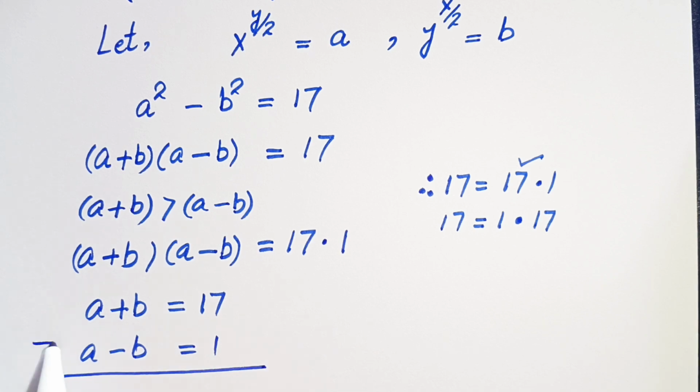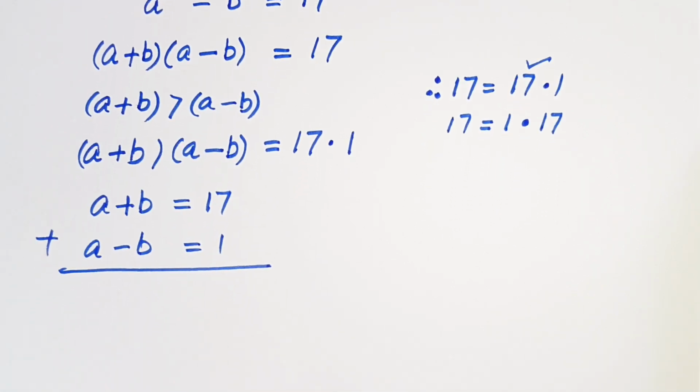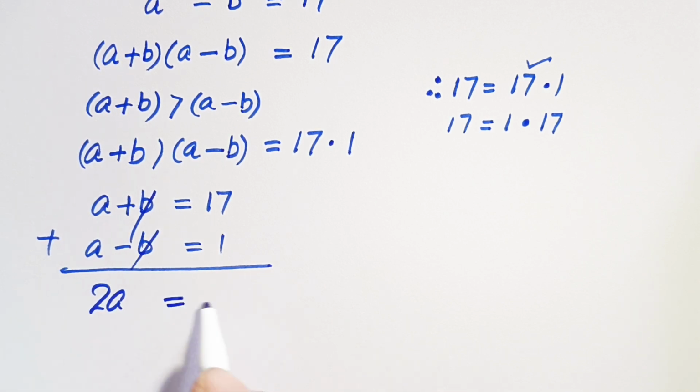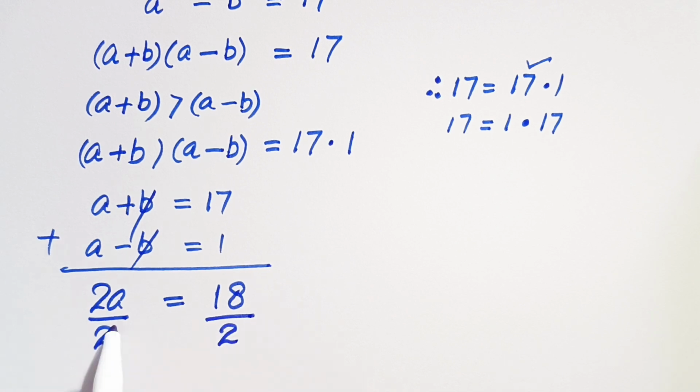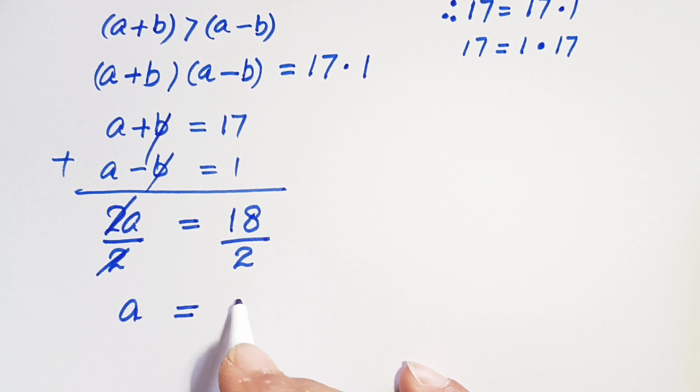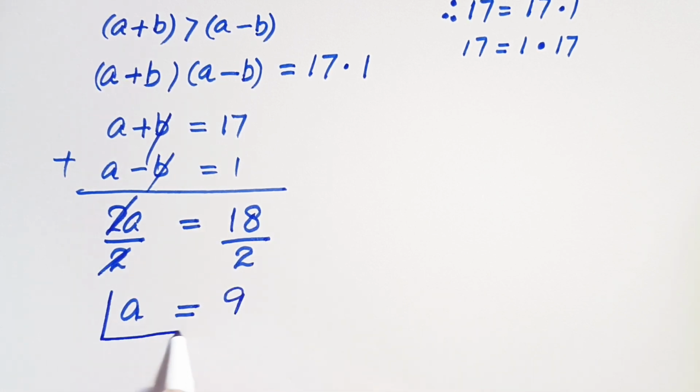Now if we add these two equations, b minus b cancels, so we have 2a equal to 18. Dividing both sides by 2, we get a is equal to 9.